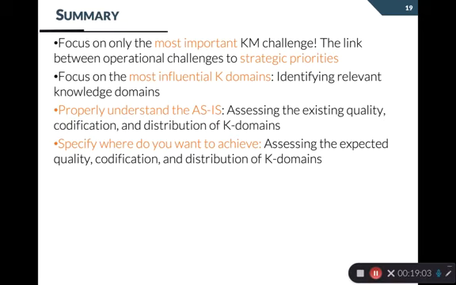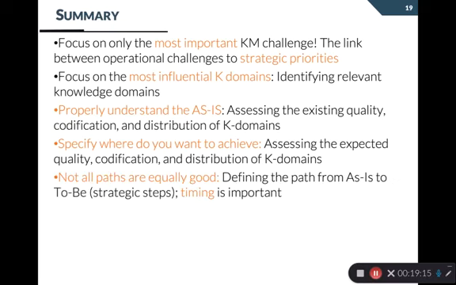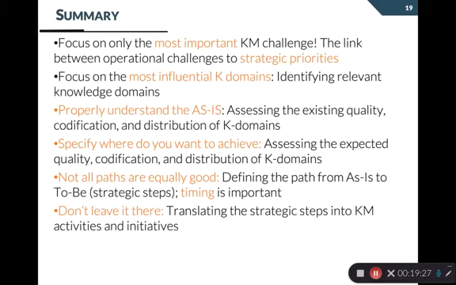Thinking clearly about the expected situation and being critical of that. Why do we need to get to 5 on the quality or 4 on the codification or any other number? And also thinking about different roads, different paths, because not all the paths are effective and feasible for the organizations. And of course, this is not the end of the story.